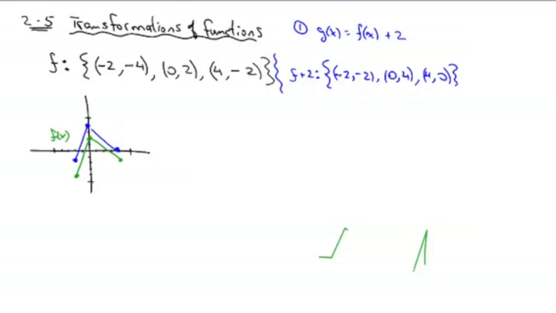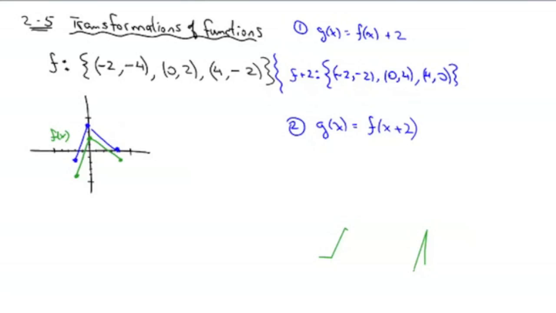All right, 2. What happens if I take g of x and I say, well, let's let it equal f of x plus 2. Now the language sounds the same. f of x plus 2, f of x plus 2. But it's a little bit different. This is f of x, plus 2. This one is f of x plus 2.